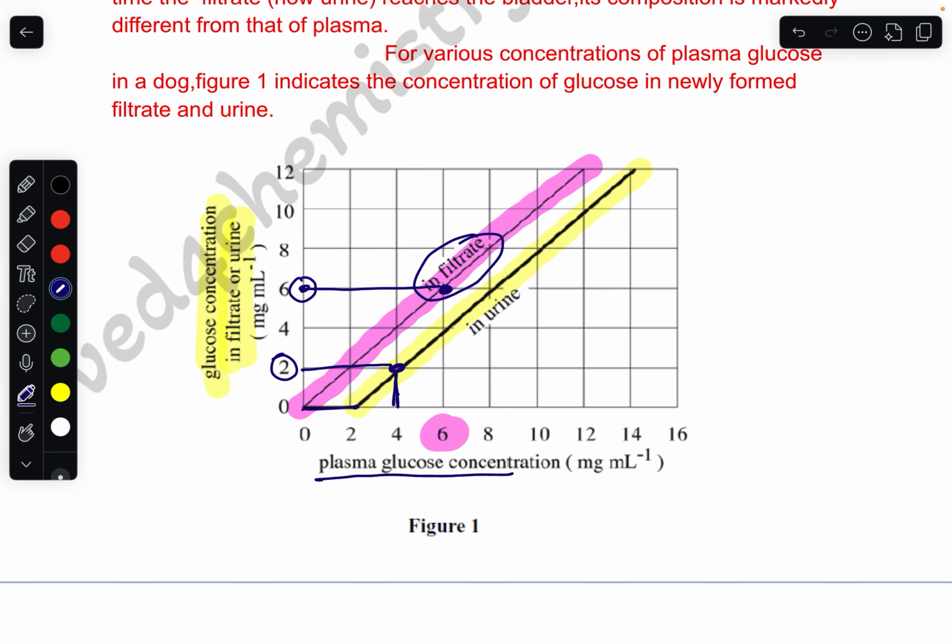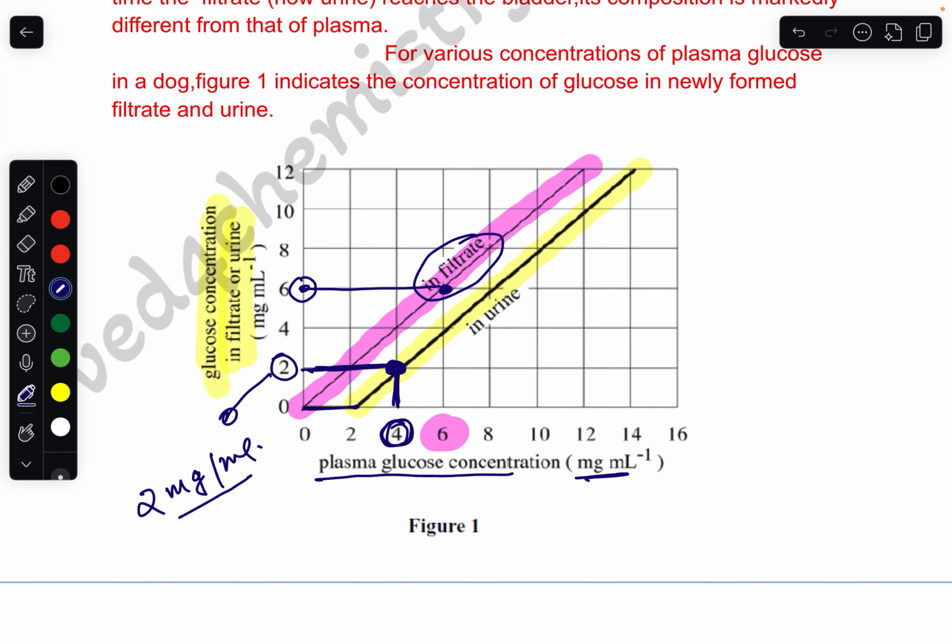When the plasma glucose concentration is 4, the glucose in urine appears. At this point it starts increasing, and that is called the renal threshold. At this time, when the plasma glucose value is 4 mg per ml, the glucose concentration in urine is 2 mg per ml.